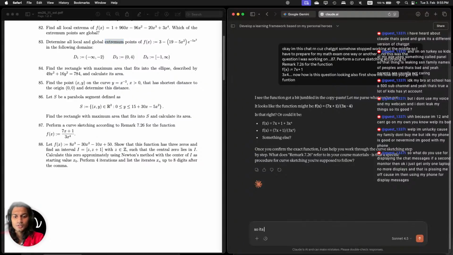So it's 7x plus 1 divided by 3x minus 4.